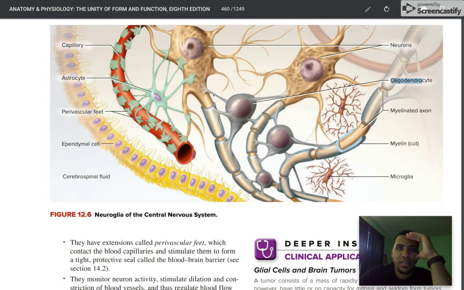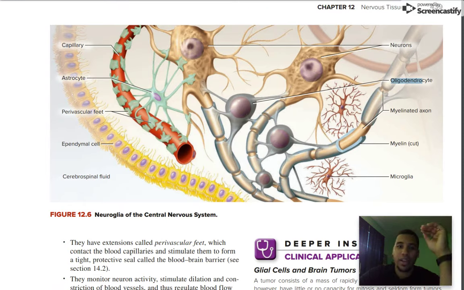And when they stick, this arm right here is touching the axon hillock or the trigger zone. Then here's the axon, grabbing onto the axon, wrapping itself around the axon to make whatever current is in there pass by a lot quicker.